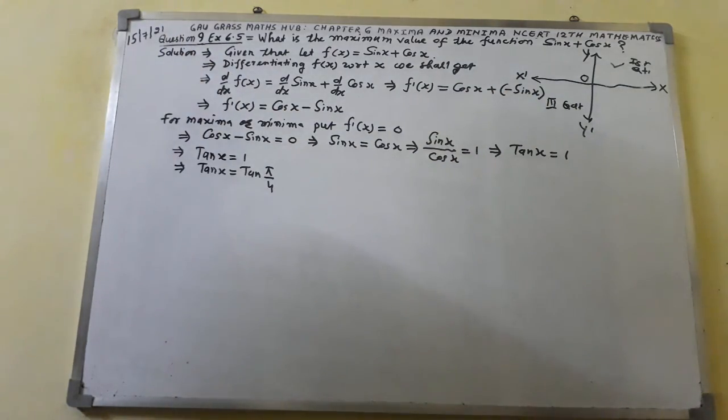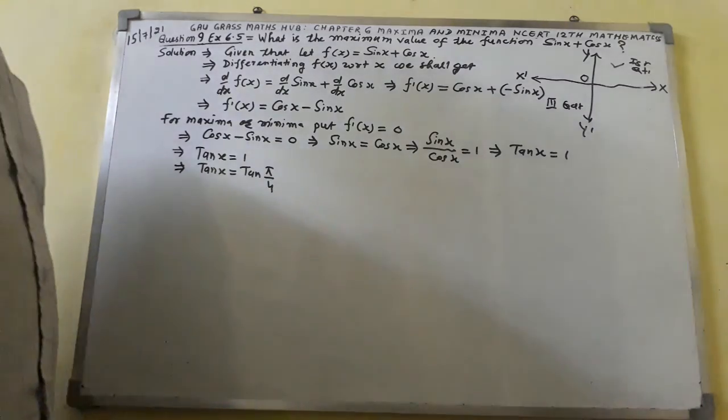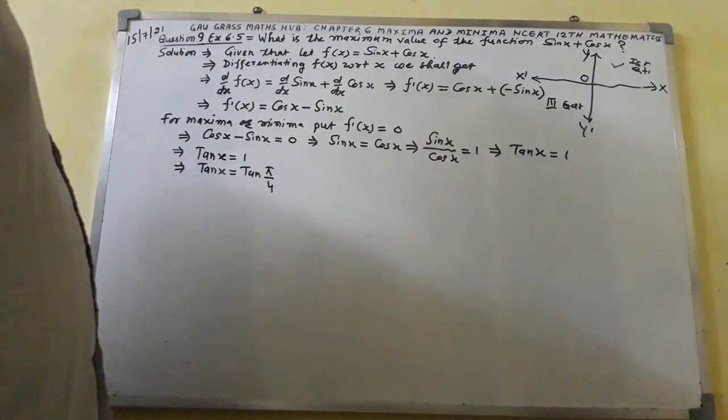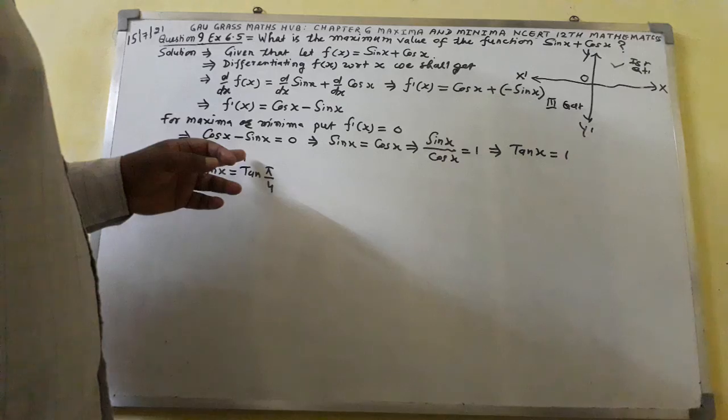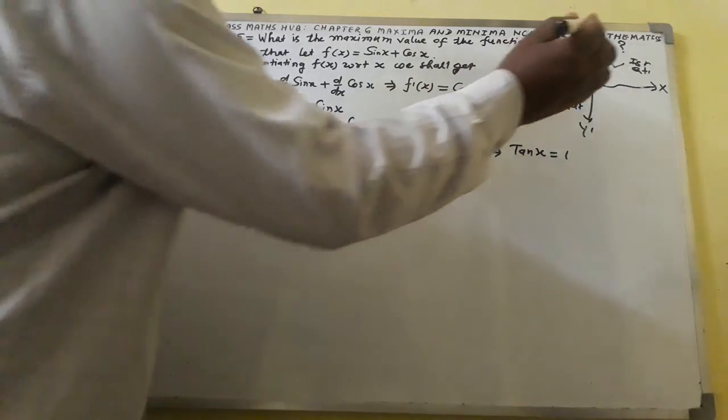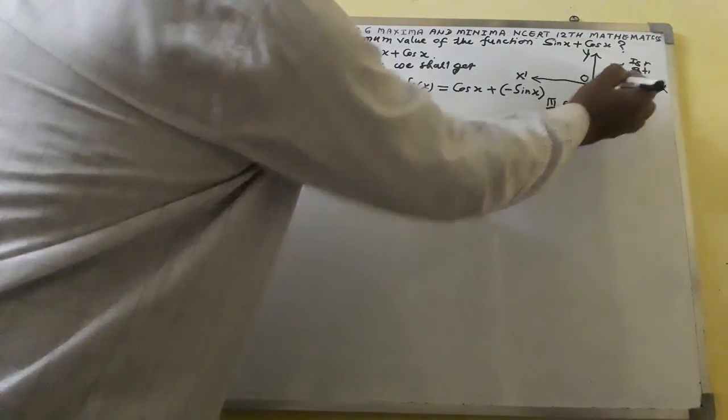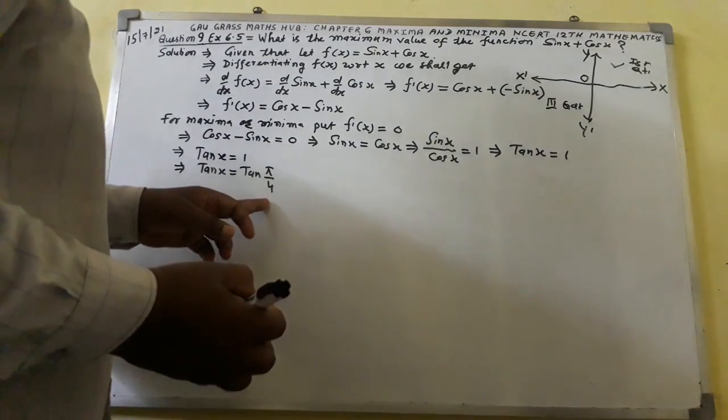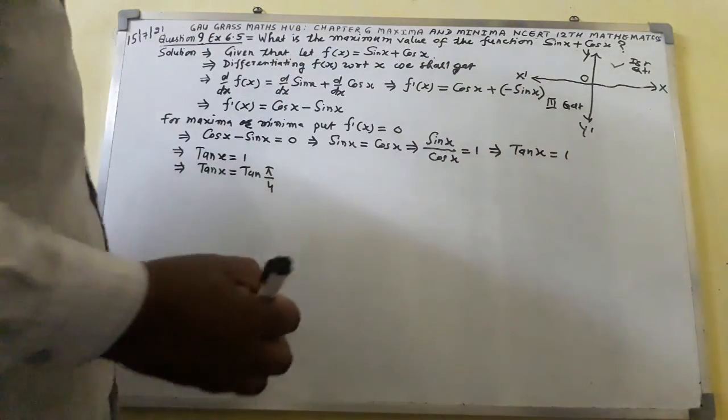In the first and third quadrants tan will be positive. Here 1 is given. So now with tan pi by 4, the first quadrant is over.